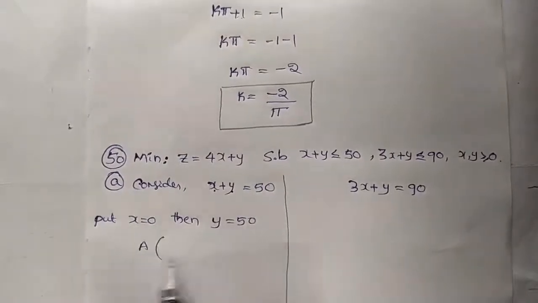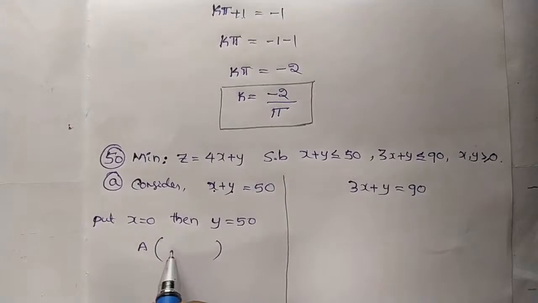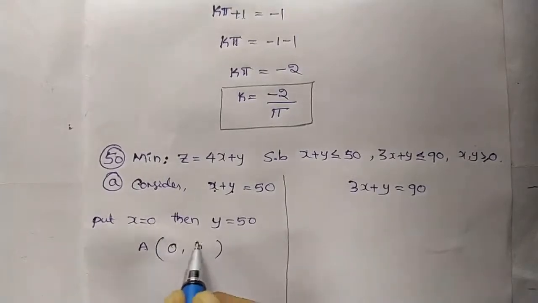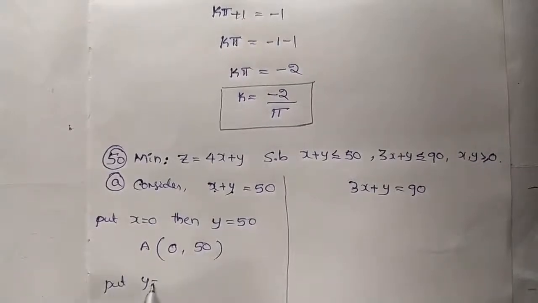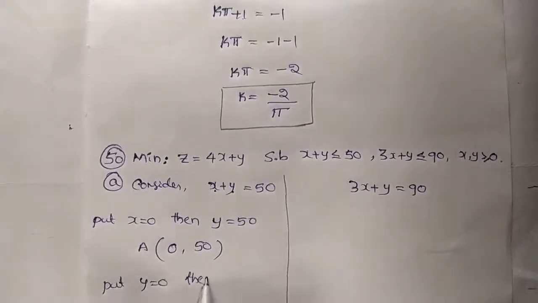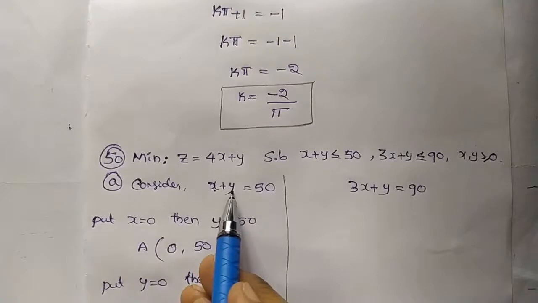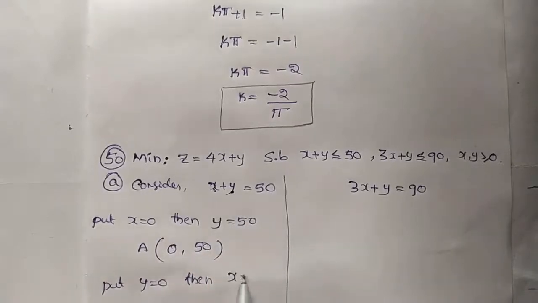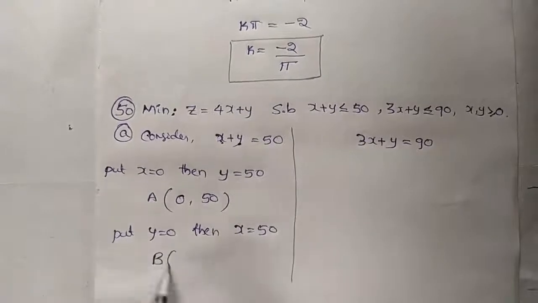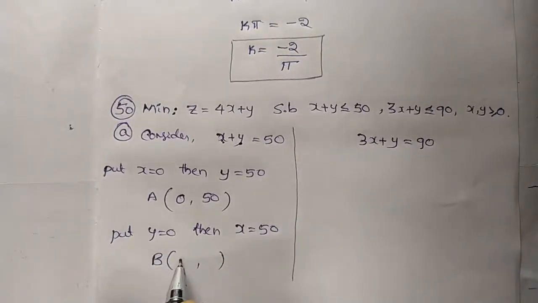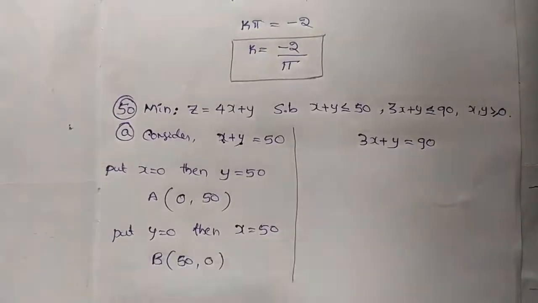Therefore the point A is 0 comma 50. Similarly put y equals 0, then x equals 50. Therefore the point B is 50 comma 0.